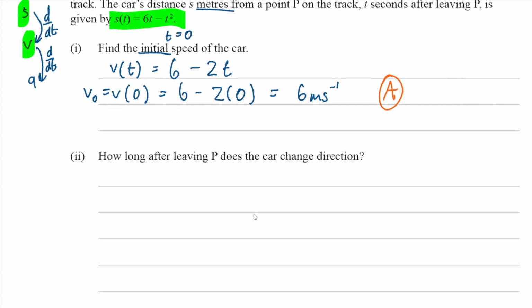Alright, part 2: how long after leaving P does the car change direction? So it's moving along, and then at some time, it goes back the other way. It changes direction.